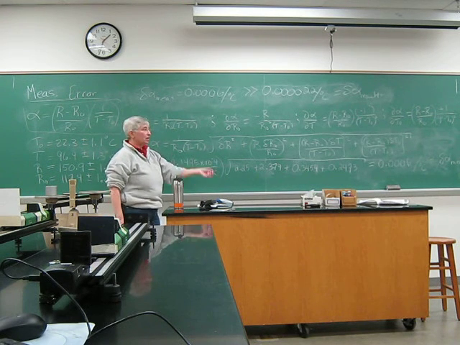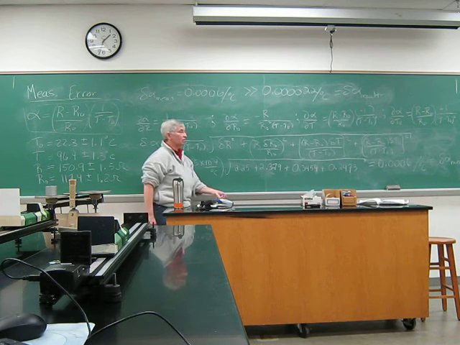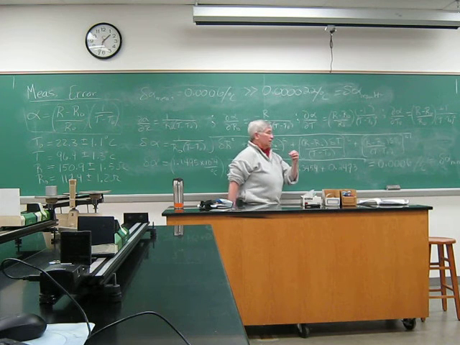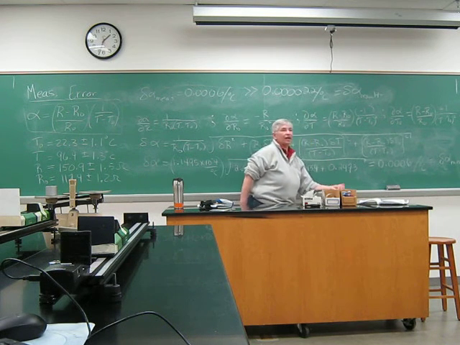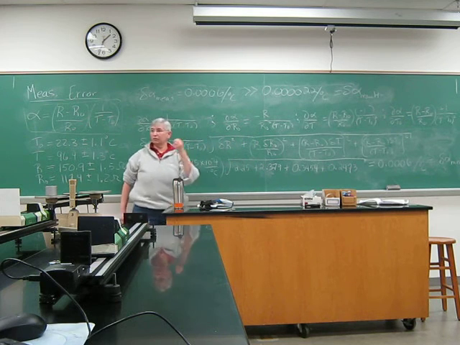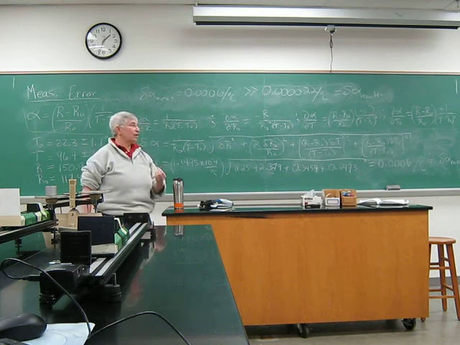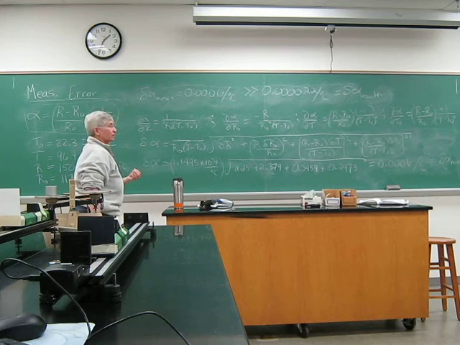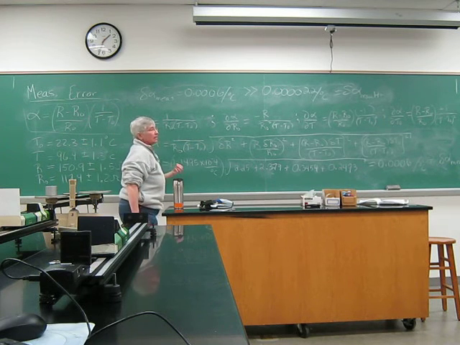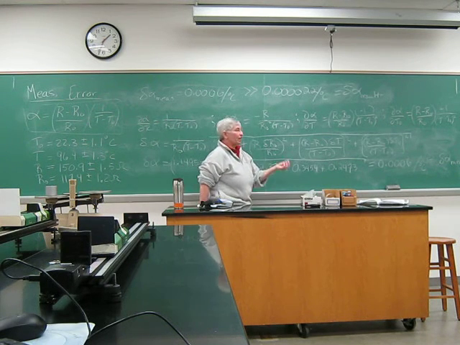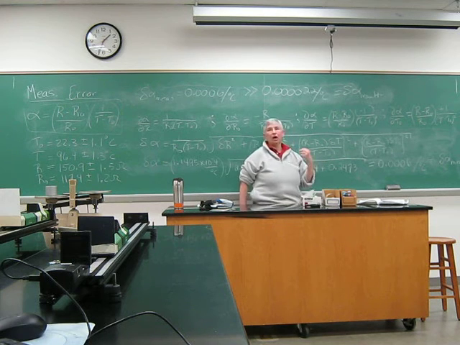Okay, the purity of the material. Unknown resistance values that may be in the fluid that you're using. Resistance values for the leads that you're using. The alpha that you obtain from this is too high.